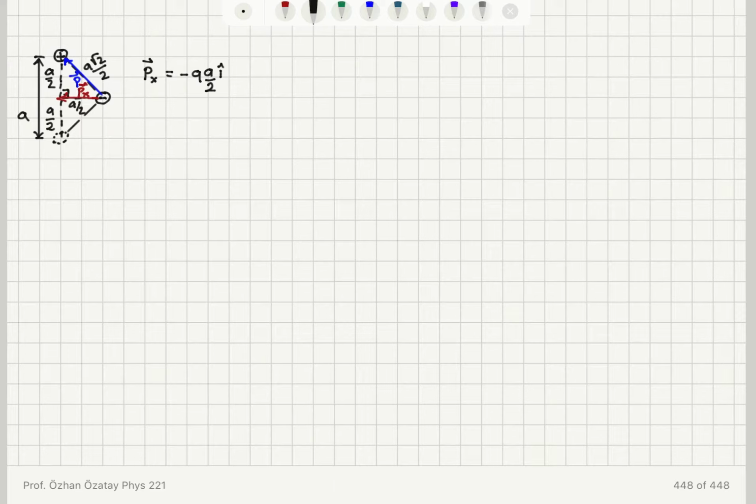On the other hand, if I had my positive charge on the other side, so let's put my negative charge here again, and the other possibility would be to put the positive charge here, then I would have the polarization vector pointing from minus to plus in this direction, and then the x component would be pointing in the plus i hat direction.